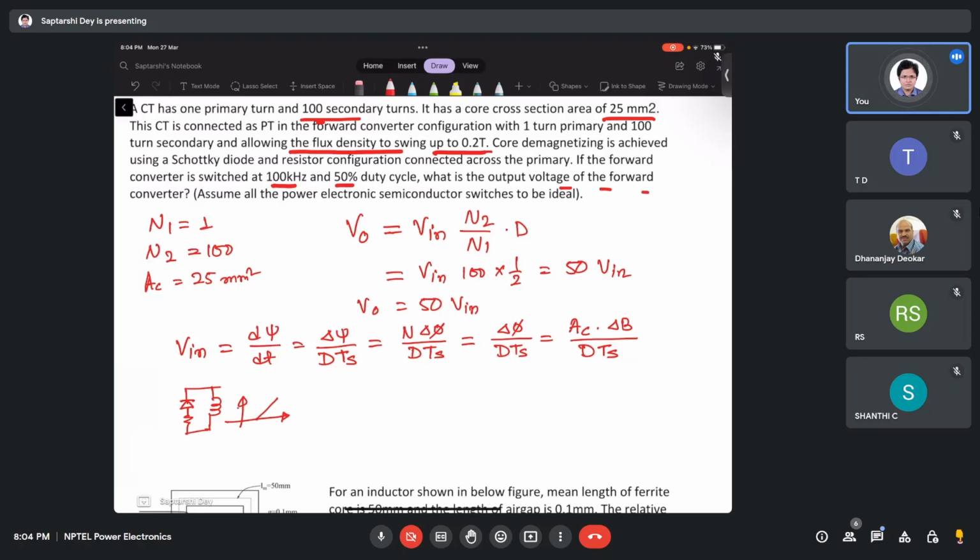It is reduced to zero because the demagnetizing is very fast because of the Schottky diode. So whatever the delta B, that starts from 0 to this much, so 0.2 Tesla. So what is required? I think we know everything.